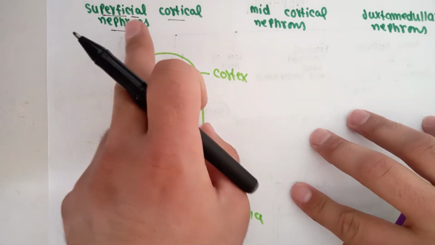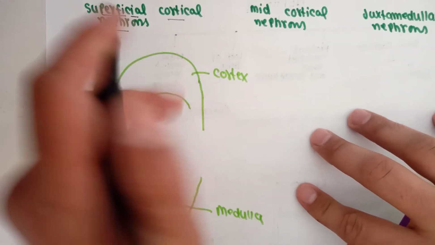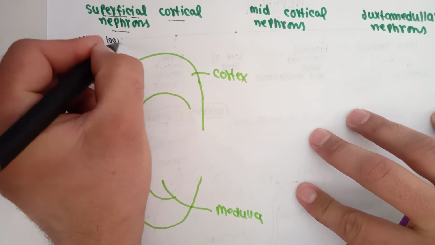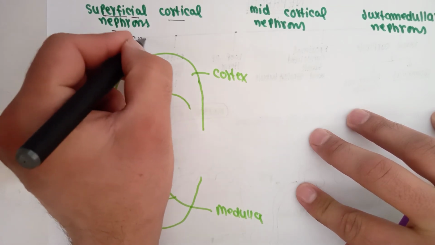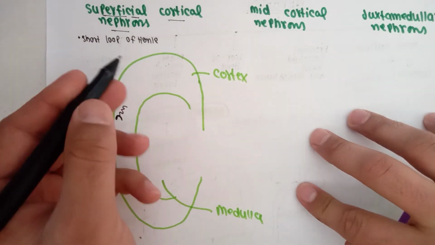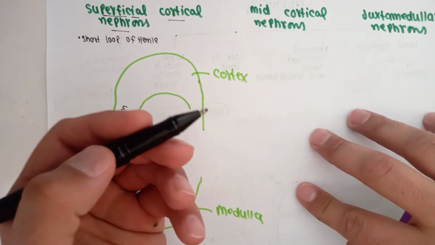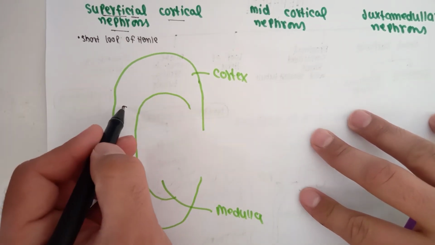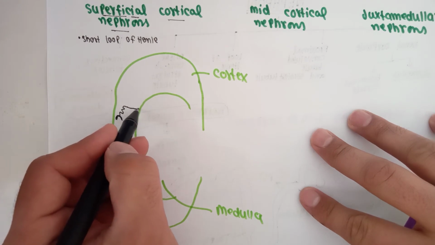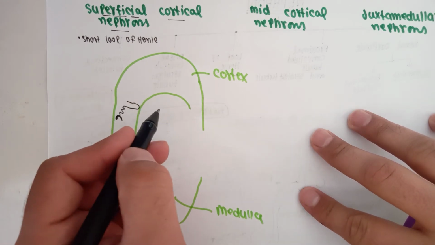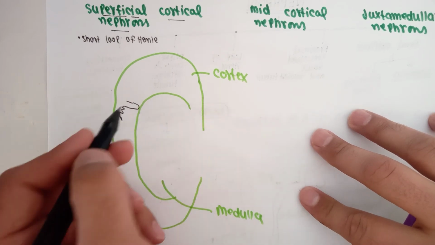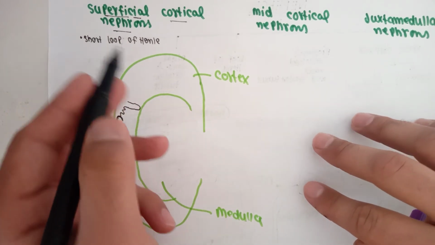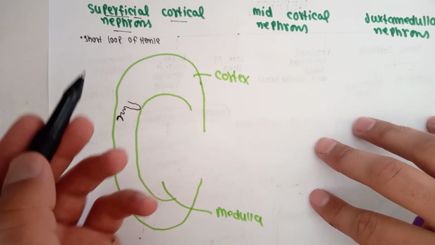Another thing is that their loop of Henle is short. It is a short loop of Henle, and it extends to this region. It does not move into the medulla. So this is the loop of Henle, which is short, and their renal corpuscle is present in the outer region of the cortex.